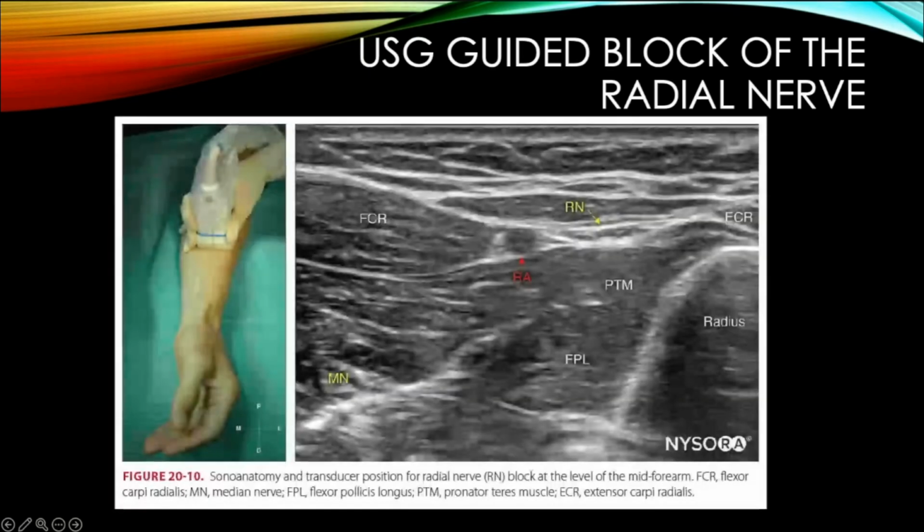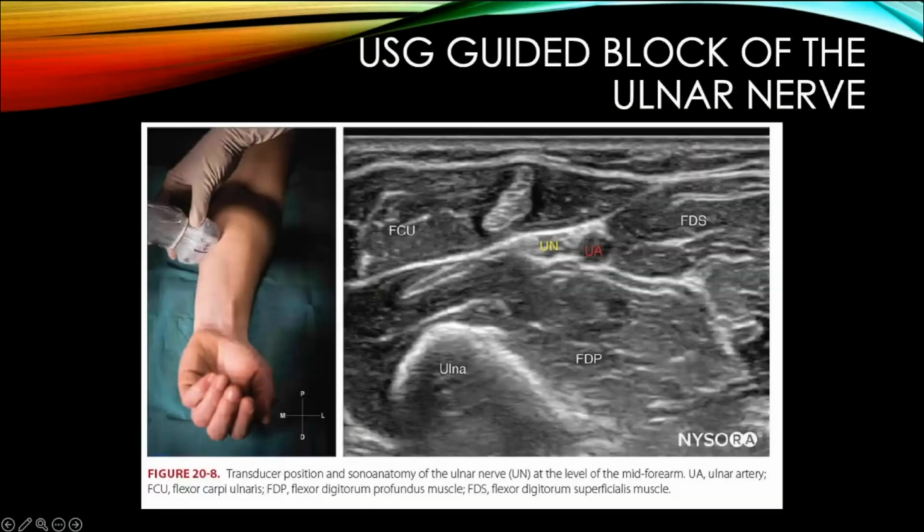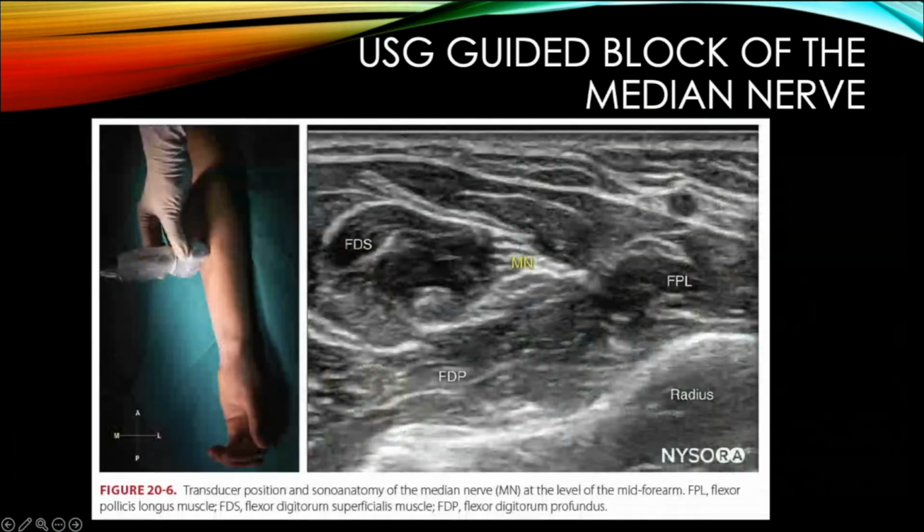So, in my personal experience, I prefer doing it because it's very simple, and we know that the more distal we do our blocks, the lesser the risk of nerve injury.